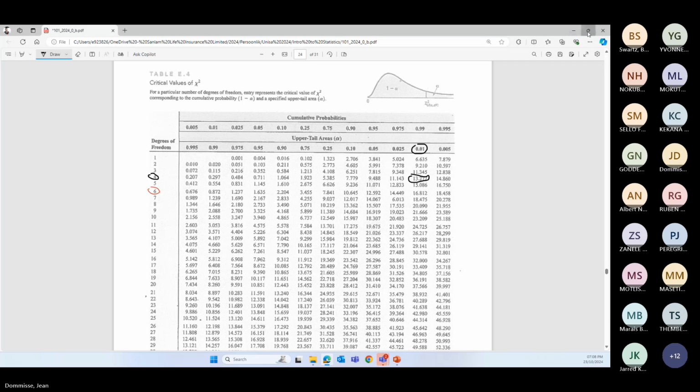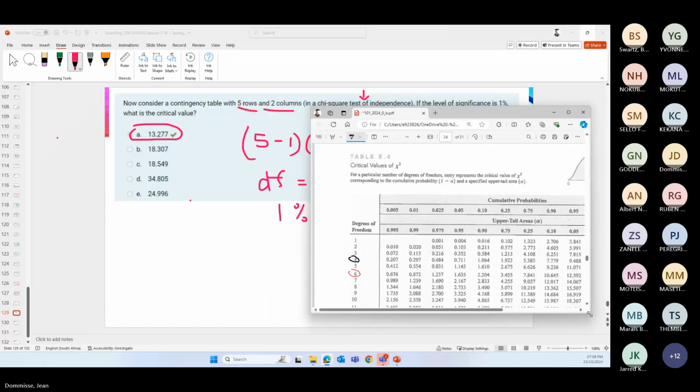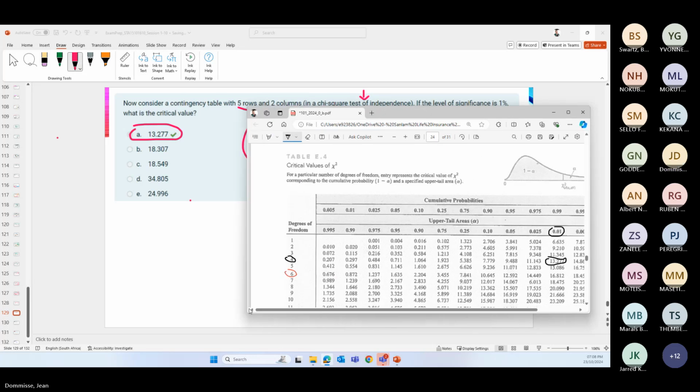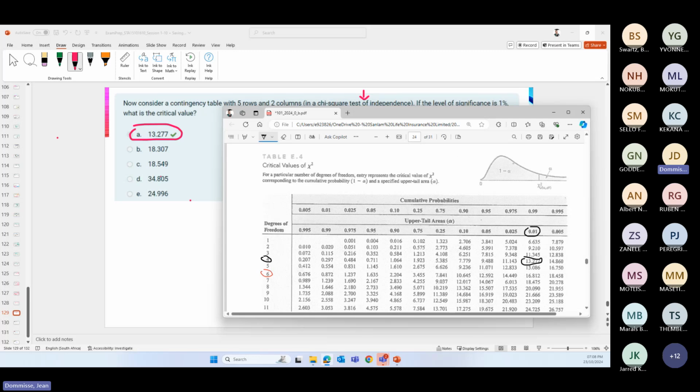Okay, let's just, for interest's sake, always want to see what the other options might have been, so that we can just see how their brain works. 18.307. Okay, there's nothing really around here. 18.549.